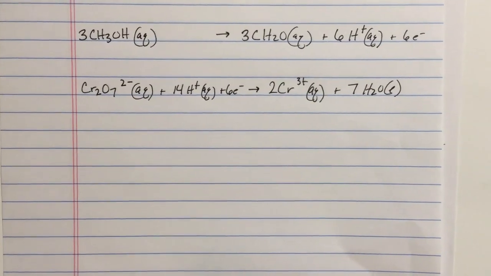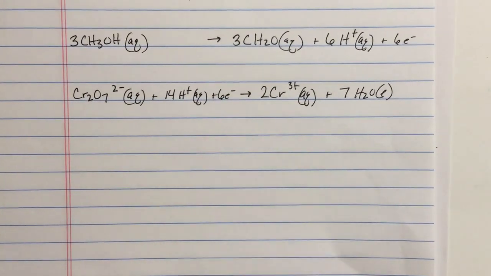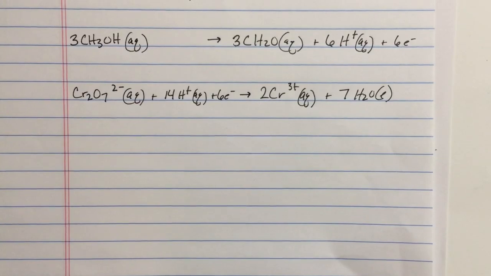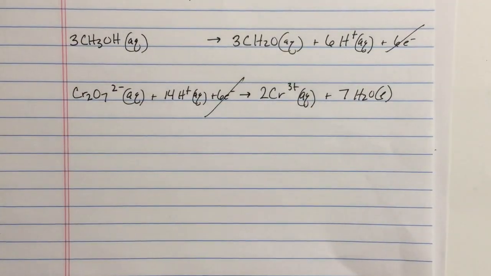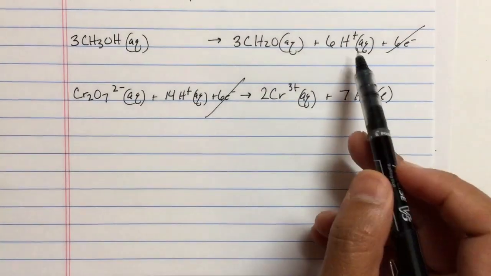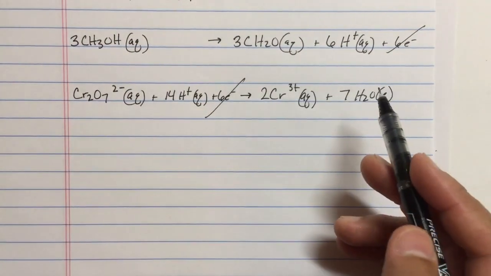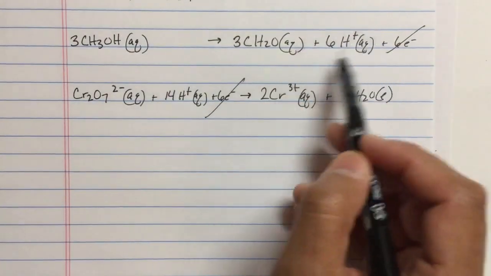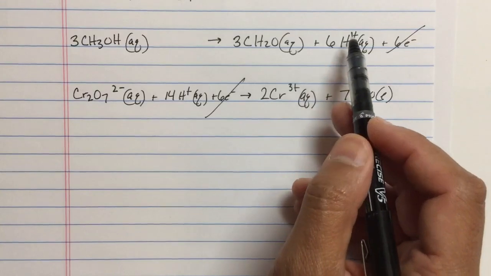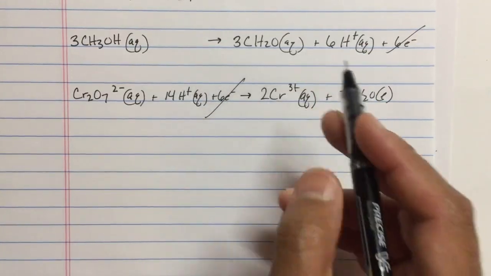So this is the new balanced half reaction. So clearly the electrons cancel, something we saw in the last example. There are a couple of other things that cancel here. Well, actually one other thing, you notice there's some hydrogens here. 14 hydrogens on the reactant side, 6 hydrogens on the product side on these different half reactions.